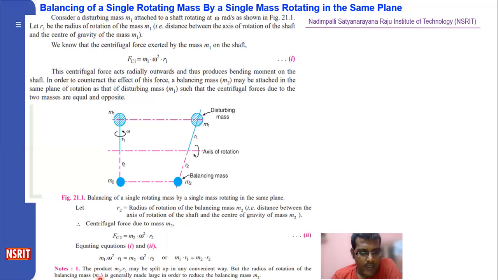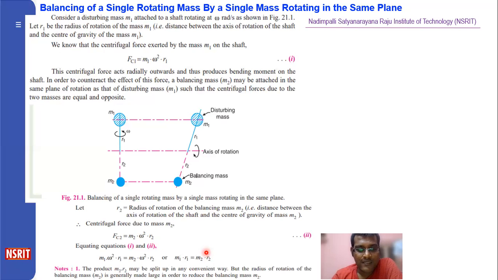Here the product M2 R2 may be split in a convenient way, but the radius of rotation of balancing mass M2 is generally made large in order to reduce the balancing mass M2. The product never changes, but here is a chance to reduce the balancing mass M2.